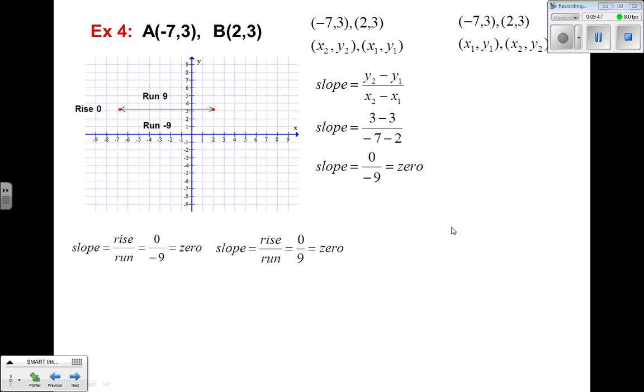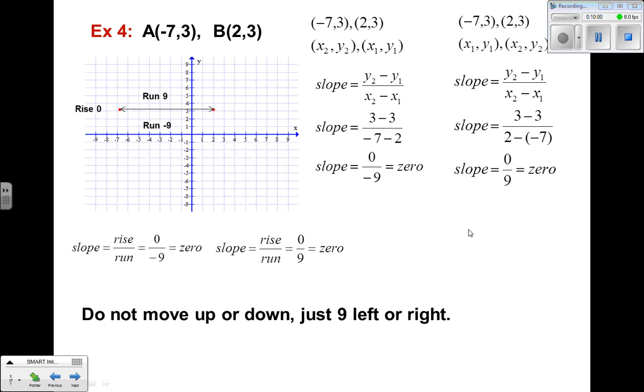If I switch the order of the x1, y1s and the x2, y2s, and I substitute them in, again you get 0 over +9, which again is 0 slope. And to describe the movement from one to the other, I'm not going to move up or down, just 9 left or 9 right, depending on which point you start with.